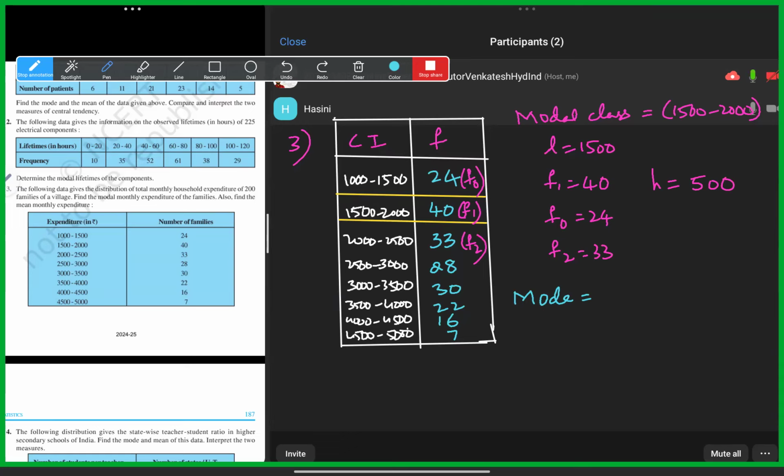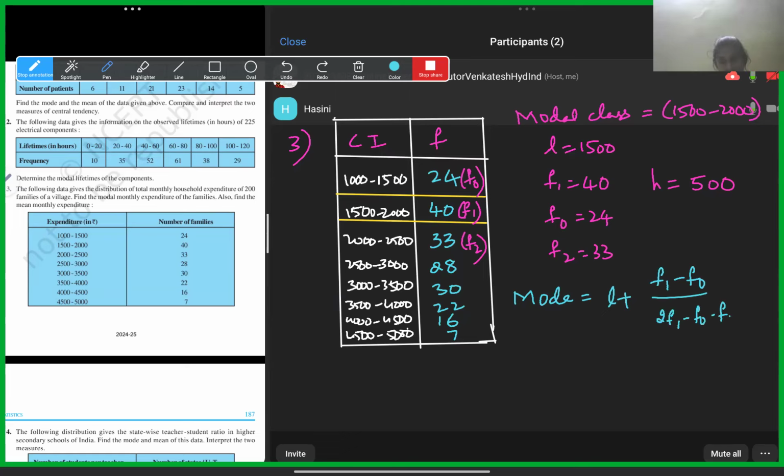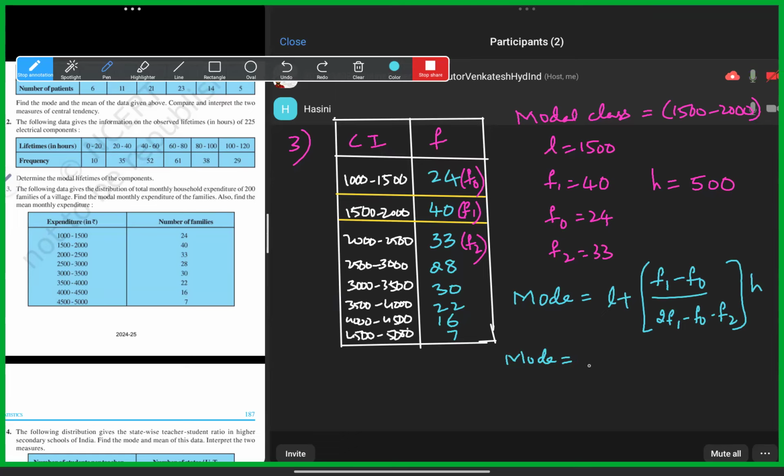So Hasmi, finally, once the mode formula, Hasmi, you can tell the mode formula. L plus F1 minus F naught by 2F1 minus F naught minus F2, into H. We'll keep the values in the formula. Mode is equal to L, L is 1500, plus F1 minus F0, which is 40 minus 24.